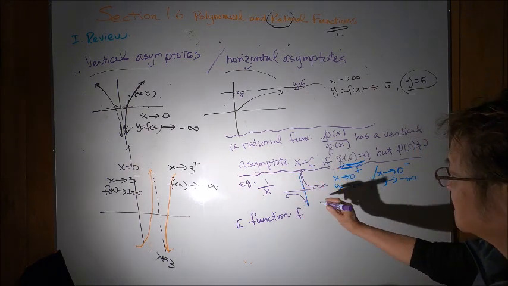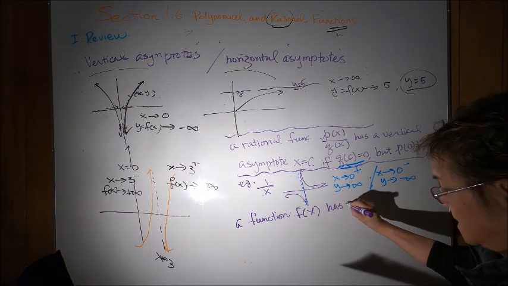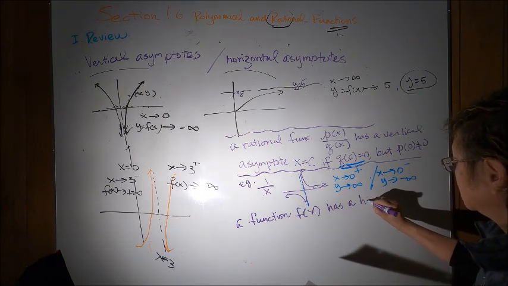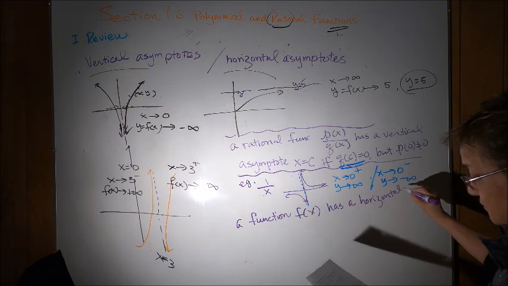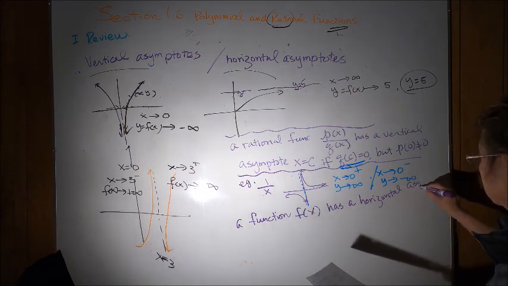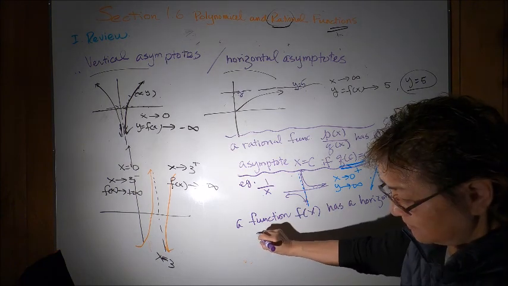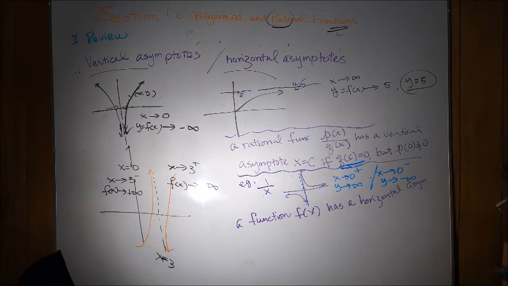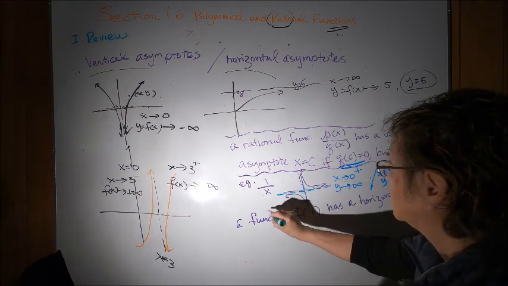So maybe we use another example. When do we have a horizontal asymptote? Let's see. For this one, the horizontal asymptote looks like this, right?